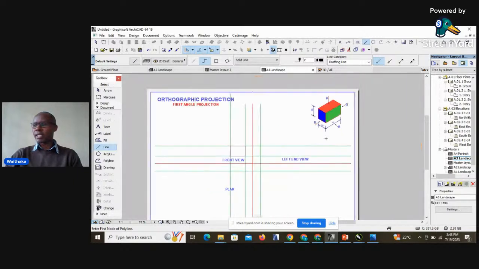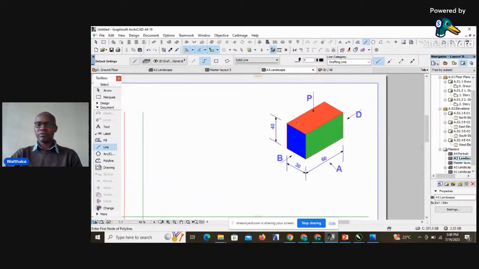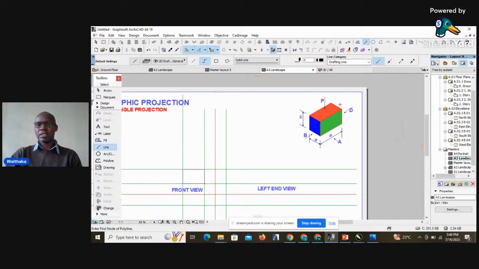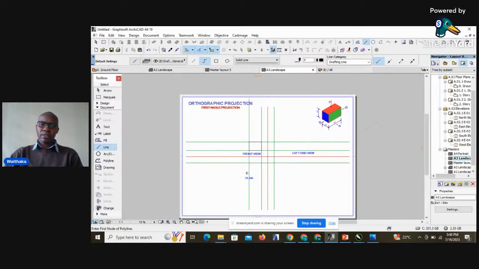The length of the plan, which is the face that we had highlighted red earlier on, has a length of 60 millimeters by 30. 60 millimeters by 30.